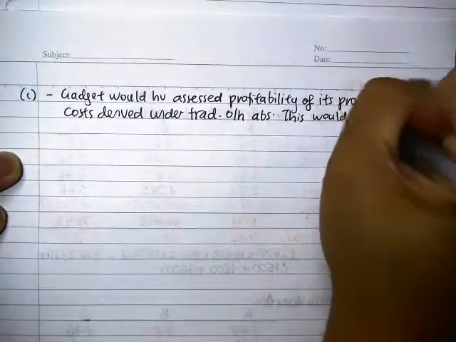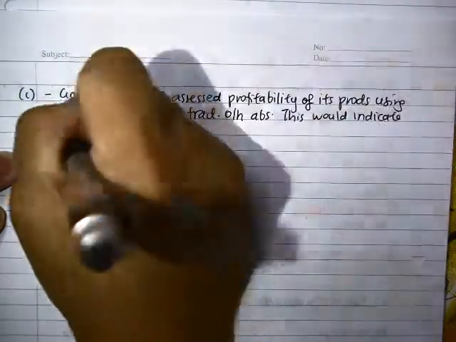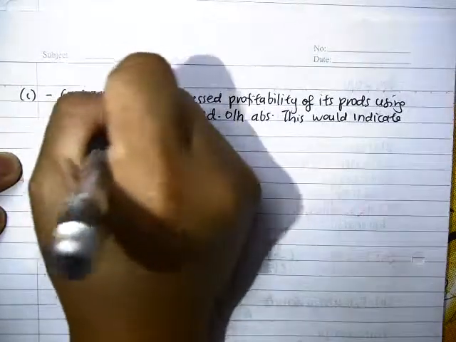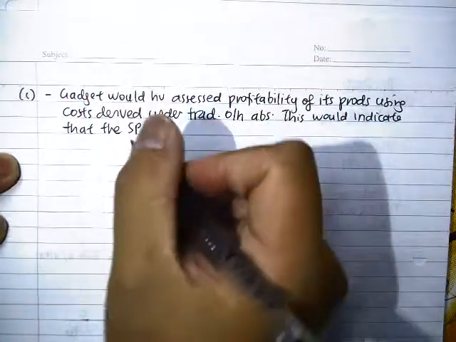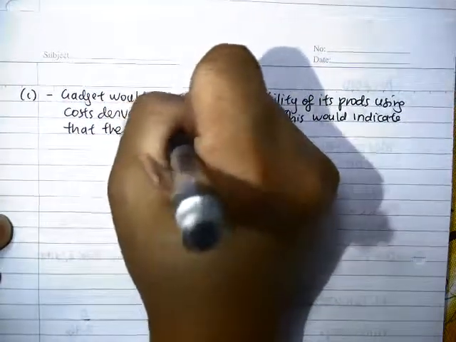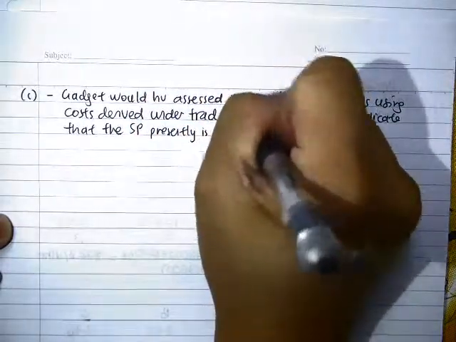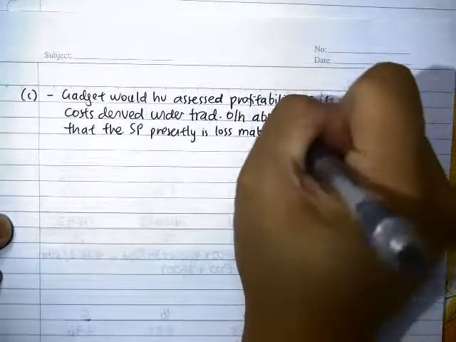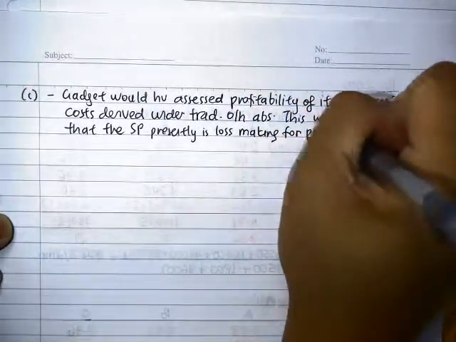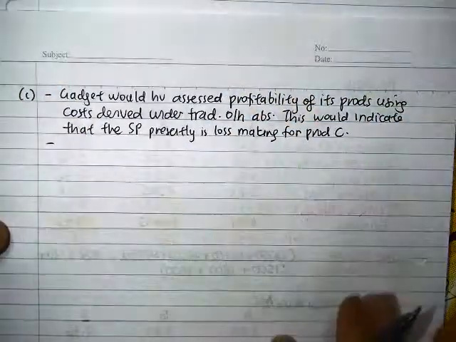And this would indicate that the selling price presently is loss making for product C.